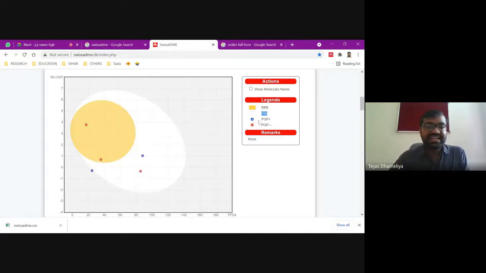The blue circle indicates the molecule is going to be a P-glycoprotein substrate, and the red circle indicates it is not. P-glycoprotein is one of the efflux pumps situated in the cell membrane, and this efflux pump will pump out the entered molecule from the cytosol or inner cellular membrane. So red and plus you can predict.